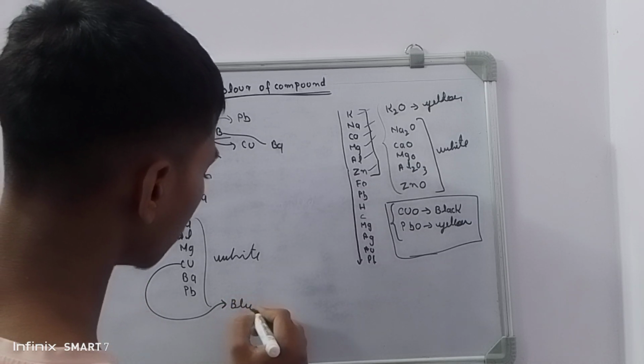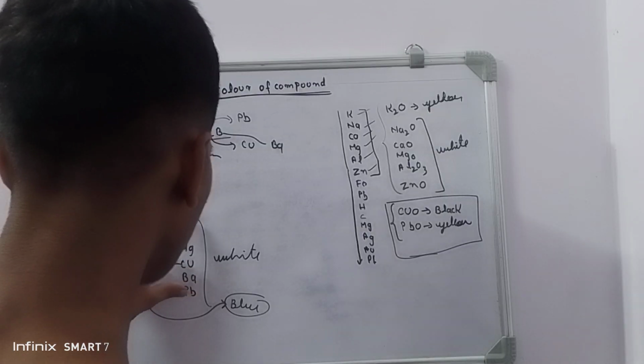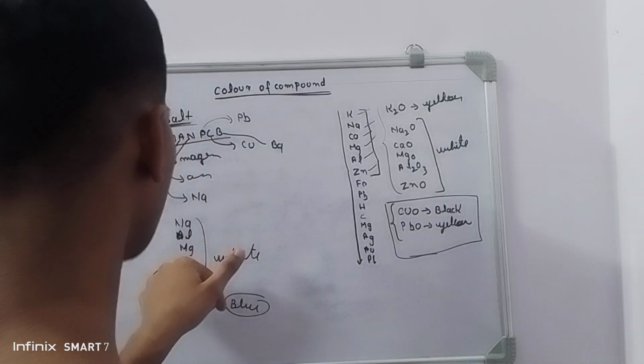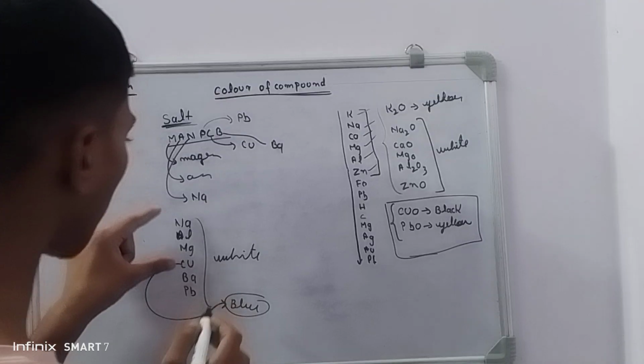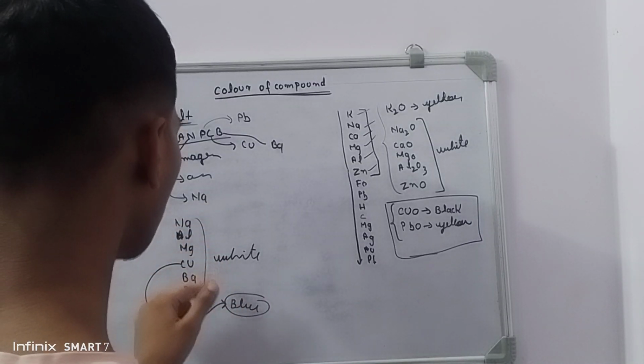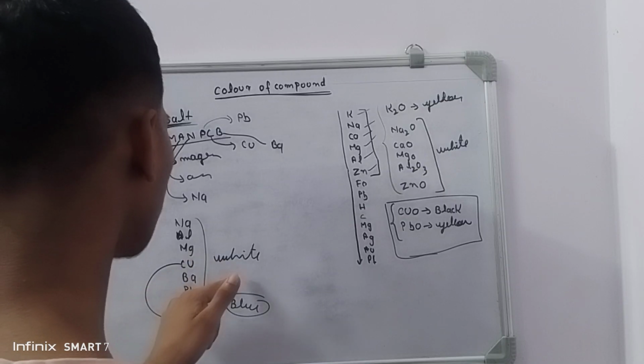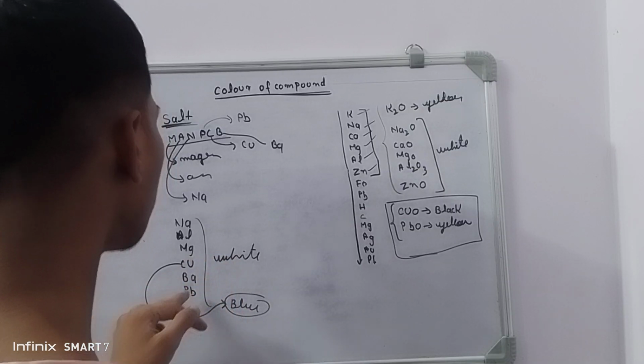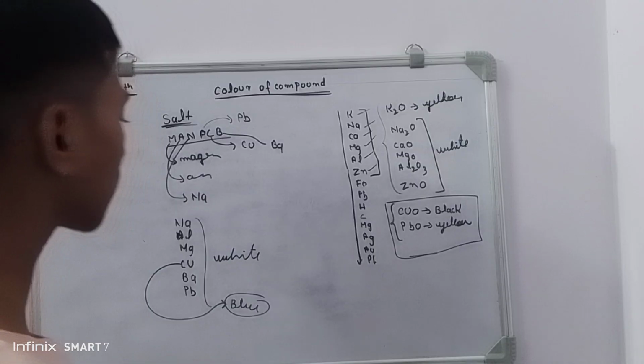As I said, copper chloride is blue color, but all the other chlorides are white. The barium chloride is also white, and the lead chloride is also white.